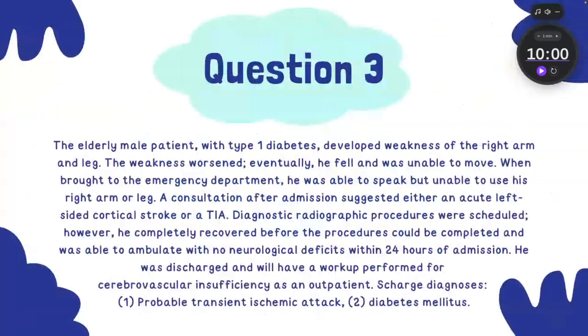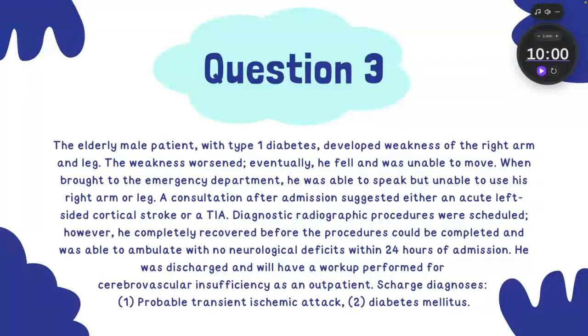All right, we're going to go to our last scenario. Another patient with type 1 diabetes developed weakness of the right arm and leg. The weakness worsened. Eventually, he fell and was unable to move. When brought to the emergency department, he was able to speak but unable to use his right arm or leg. Consultation after admission suggested either an acute left-sided cortical stroke or a TIA.